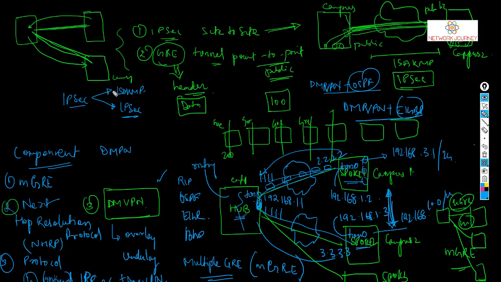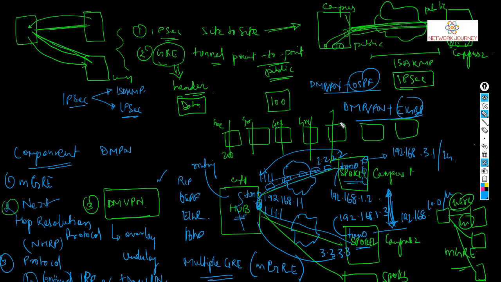Since we are interacting with multiple components, each component has its own theoretical points. That's why this topic would take up a complete class. If the concept was less, we could have made it up in one hour or maybe half an hour. But since there are a lot of concepts, we have to check each and everything. So from an overview point of view, those are the 4 components of DMVPN which you will see in the enterprise.